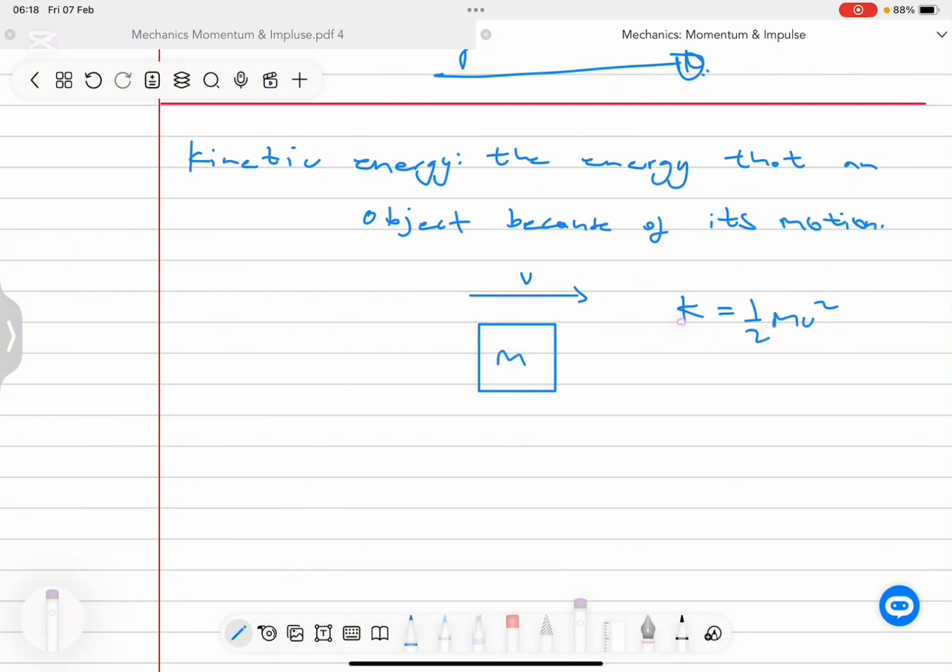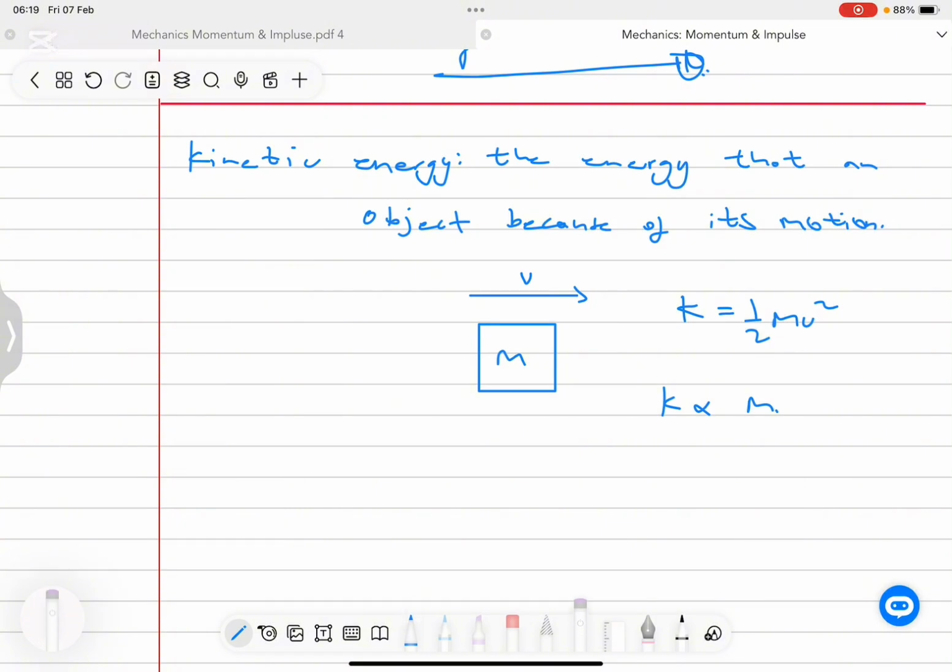The kinetic energy and the mass, in that sense, are directly proportional. K is directly proportional to m. The bigger the mass, the bigger the kinetic energy. The smaller the mass, the smaller the kinetic energy. They grow and decrease by the same ratio.